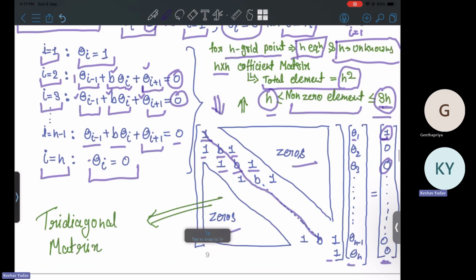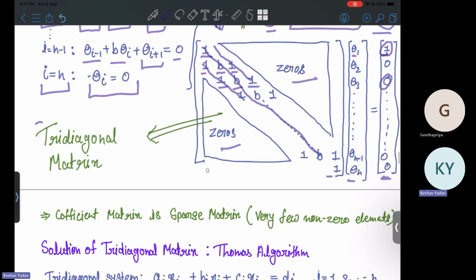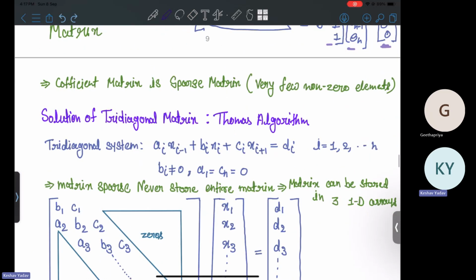Only three such terms are non-zero, and the others are 0. This is called a tridiagonal matrix. In a tridiagonal matrix, the diagonal is non-zero, the term above it is non-zero, the term below it is non-zero, and the others are 0.